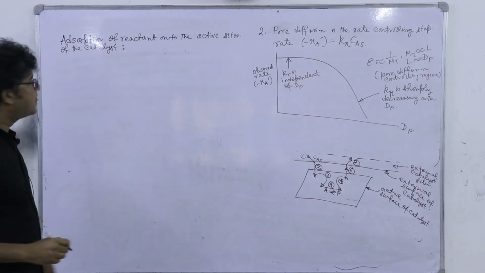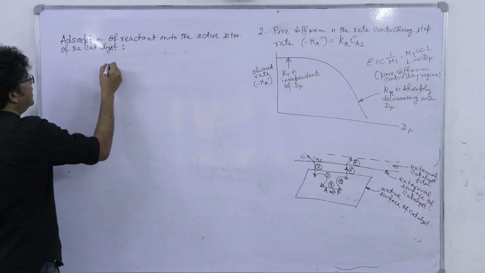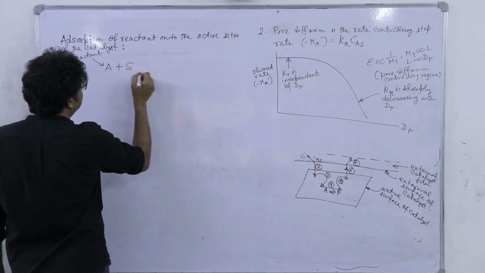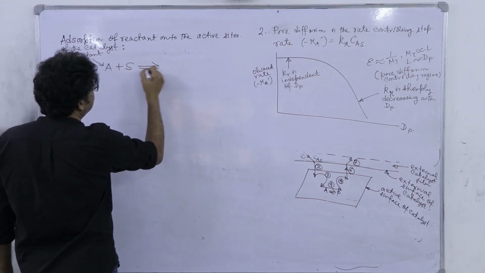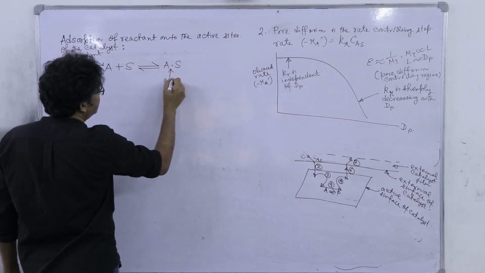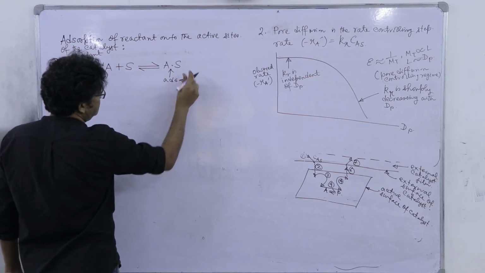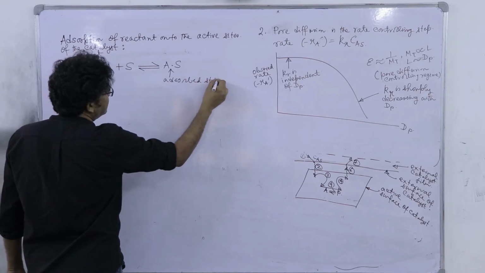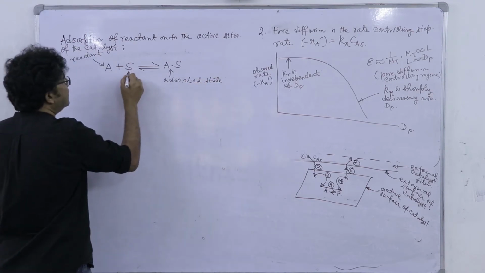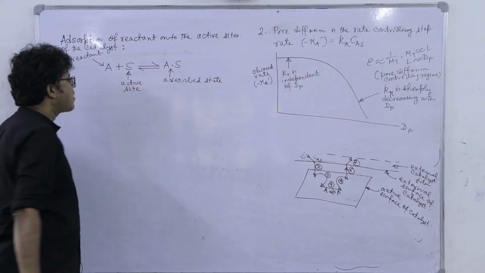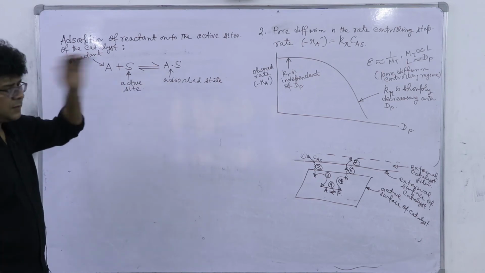Now, you see, A is the reactant, plus it will react with the active site S, leading to an adsorbed state. So, this is the active site, and this is the adsorbed state.